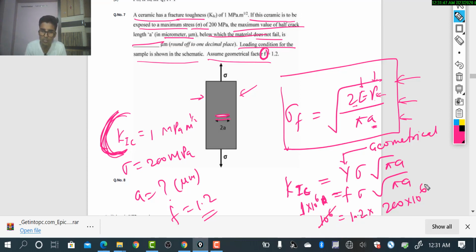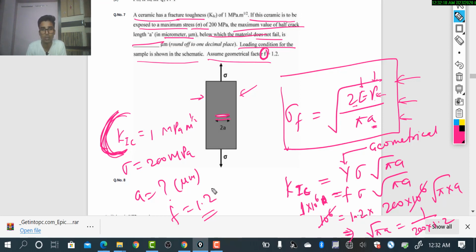So this 10 to the power 6 will be cancelled on both sides, and you can put it in megapascal also, okay. Megapascal will be cancelled on both sides, or you can write in Pascal also. So 10 to the power 6 will cancel, and root pi a remains. So you can solve for a, okay. So root pi a is equal to 1 by 200 into 1.2, I think.